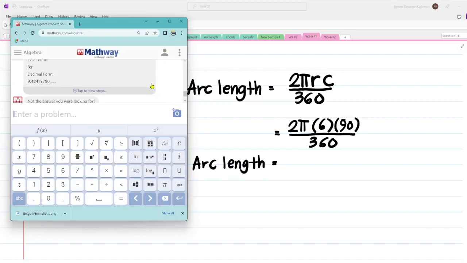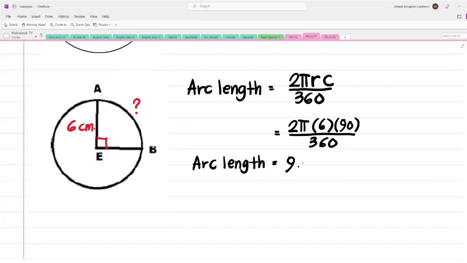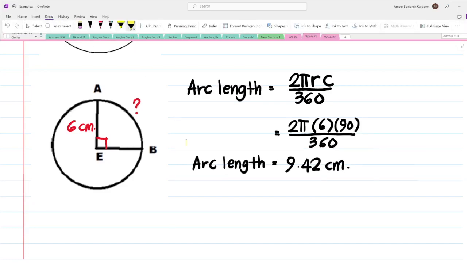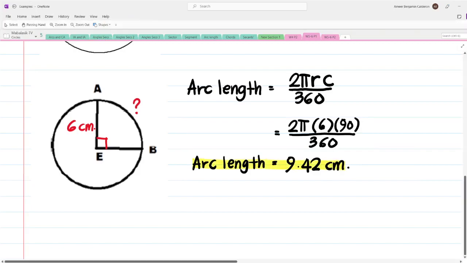And the arc length is 9.424. If we round that off to the nearest two decimal places, that's just 9.42. This time around, it's only centimeters and not square units because this is not area, this is just arc length.